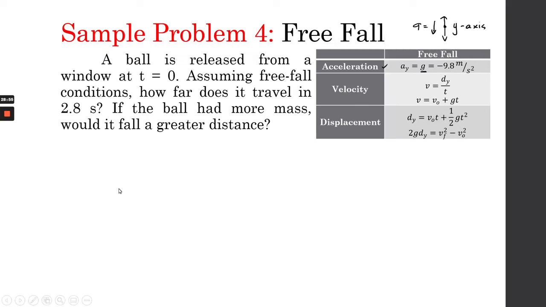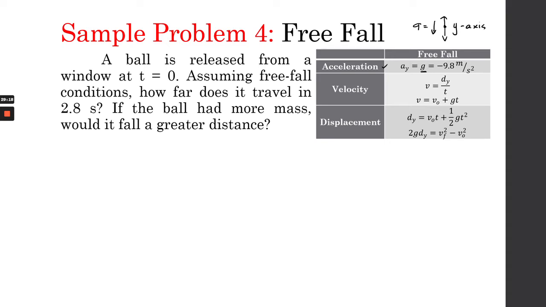Okay, let's read the problem. A ball is released from a window at t equals 0. Assuming free fall conditions, which means we neglect air resistance, how far does it travel in 2.8 seconds? If the ball had more mass, would it fall at a greater distance?